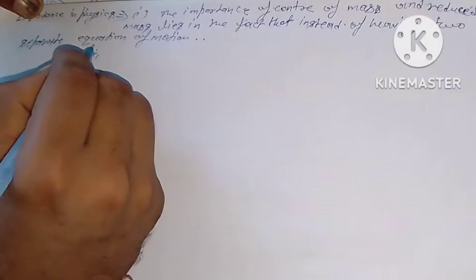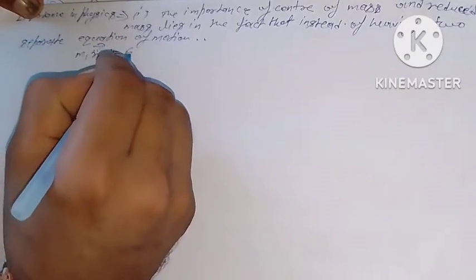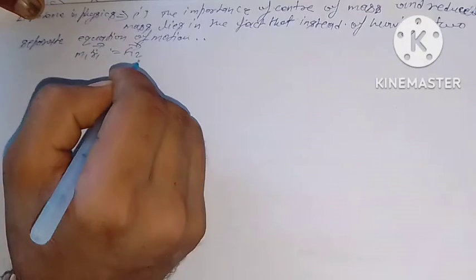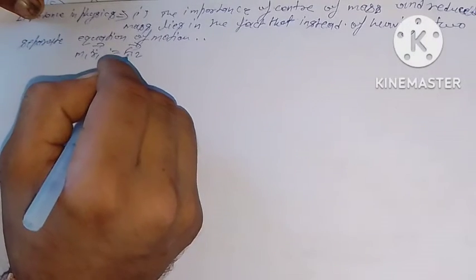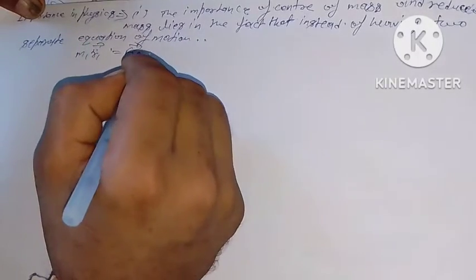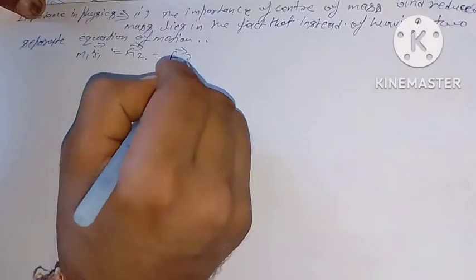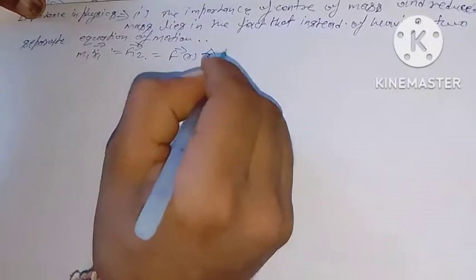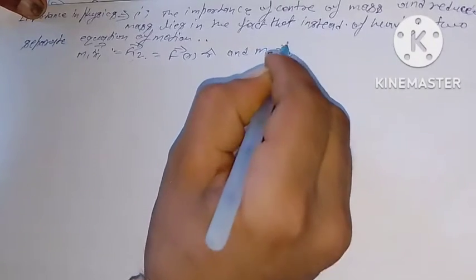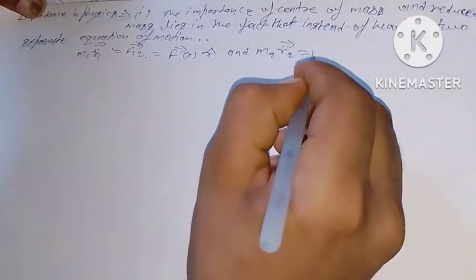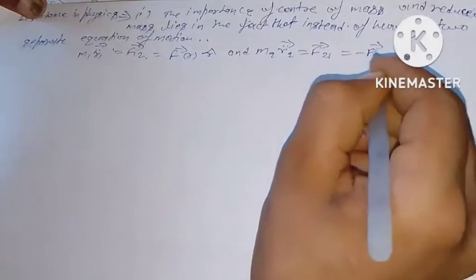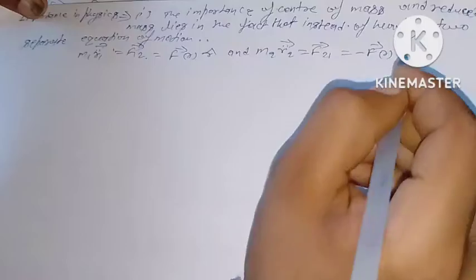m1 times the double derivative of r1 vector equals f12, the force acting on one particle by another particle, which is a function of r vector, unit vector r. And m2 times the double derivative of r2 vector equals f21 vector, equal to minus f, function of r, unit vector r.